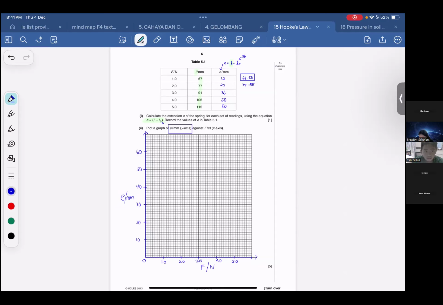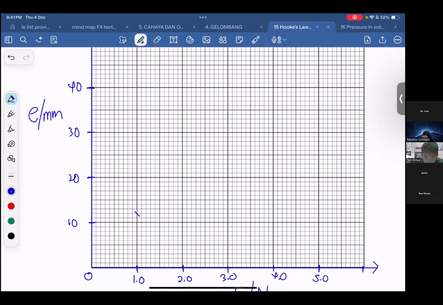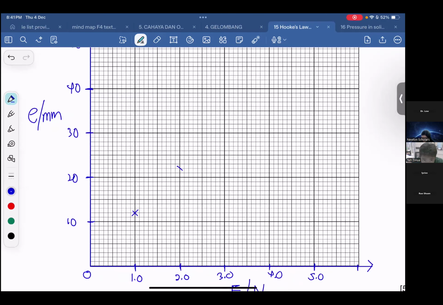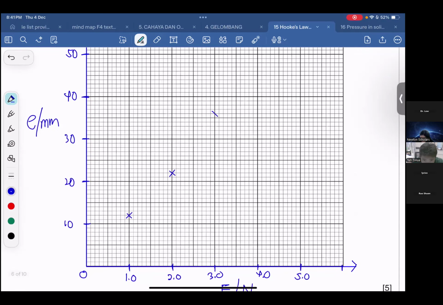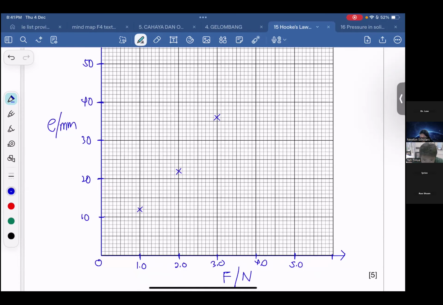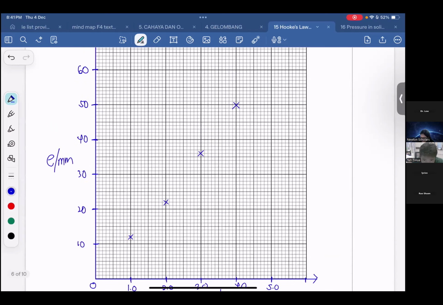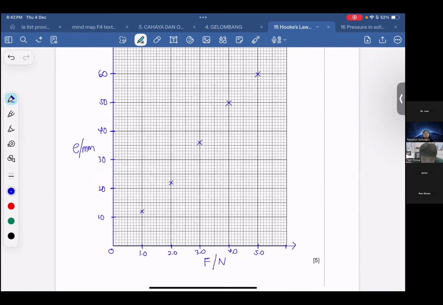So first one, 1 Newton is 12. So it's 22. 3, 36. 4 is 50. Then 60.